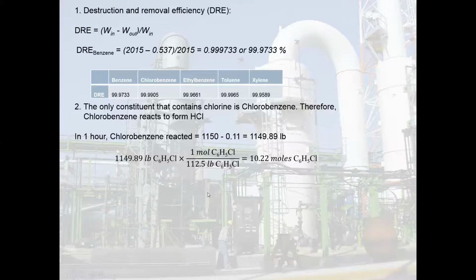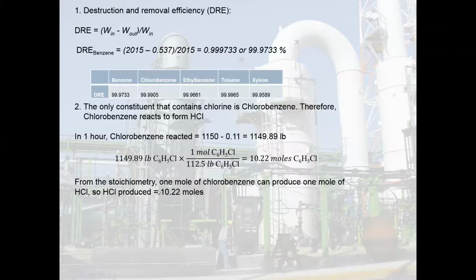So from the stoichiometry, and there's some information in your text, we can find that 1 mole of chlorobenzene produces 1 mole of hydrochloride. And I've been saying hydrochloric acid because this is the chemical formula for hydrochloric acid, but since it's in a gas form, we just want to say hydrogen chloride here.